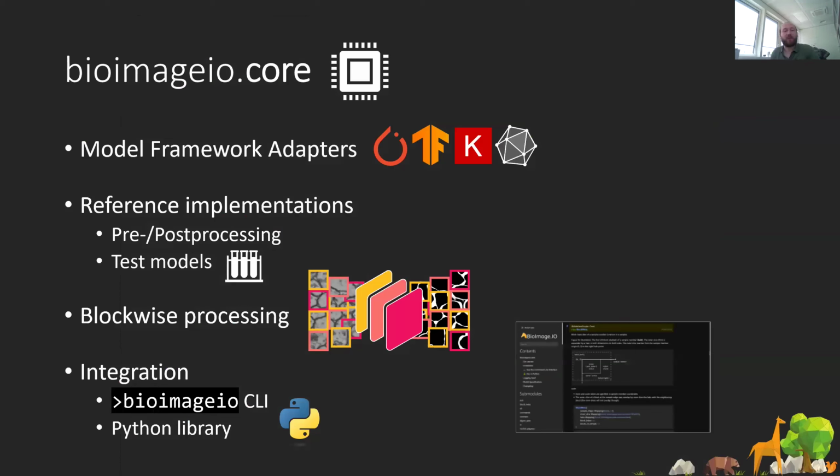What to do with those? We have the bioimageio.core library that allows users to directly use our resources in Python, as well as many of our tools that build on top of these, for example, ilastik. The library provides model framework adapters, so we have different model weight formats in the zoo, TensorFlow, PyTorch, Keras based, or ONNX, for example.